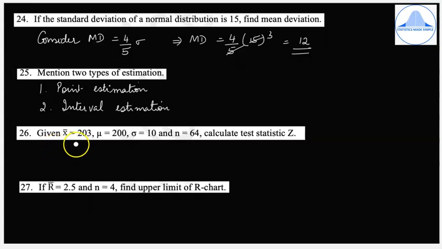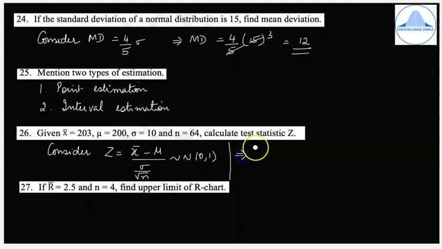Next is, they have given x bar equal to 203, mu is 200, sigma is 10, n is 64, calculate test statistic z. So this information is based on test for single mean for large sample. So the formula of the test statistic is z equal to x bar minus mu divided by sigma by root n, which follows normal 0, 1.